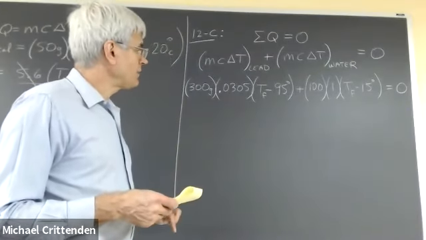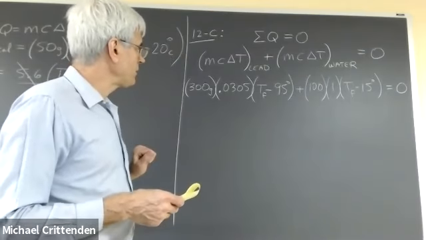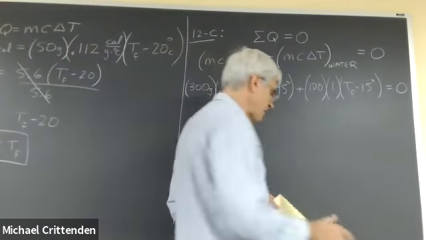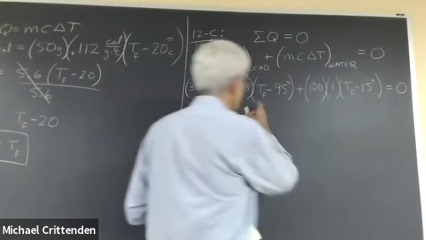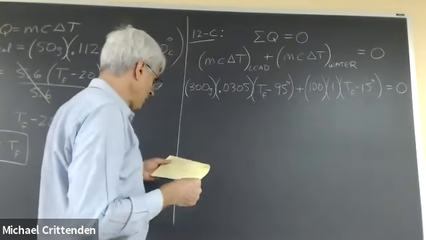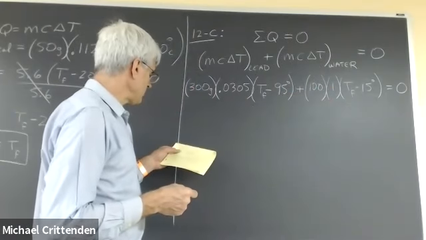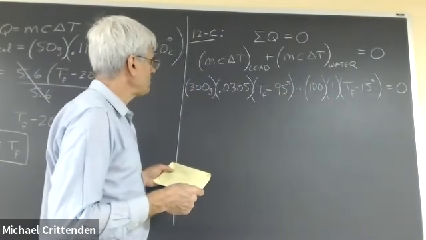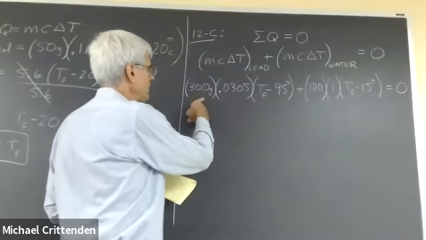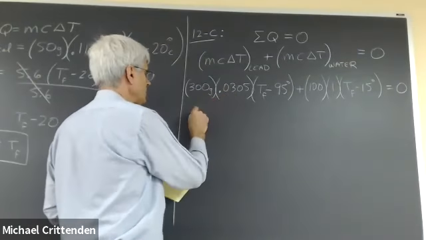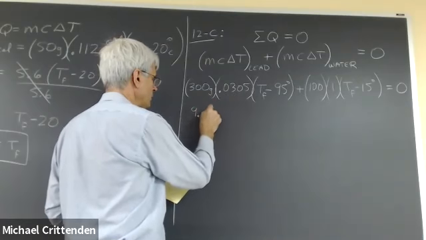Okay, so that's the setup. The physics is done at this point. The rest is the mathematical mopping up. Got to solve for T final. So if you want to see the intermediate steps, the step-by-step math, that times that is 9.15.